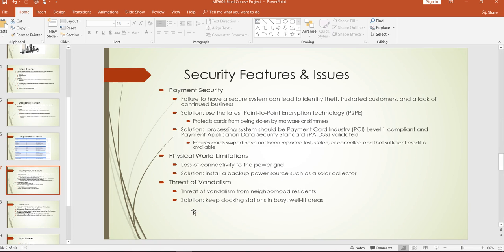Moving on to security features and issues, there are several security issues present. First is payment security. You need to have a secure system that prevents identity theft and keeps customers coming back. The solution that I have proposed is to use the latest point-to-point encryption technology.